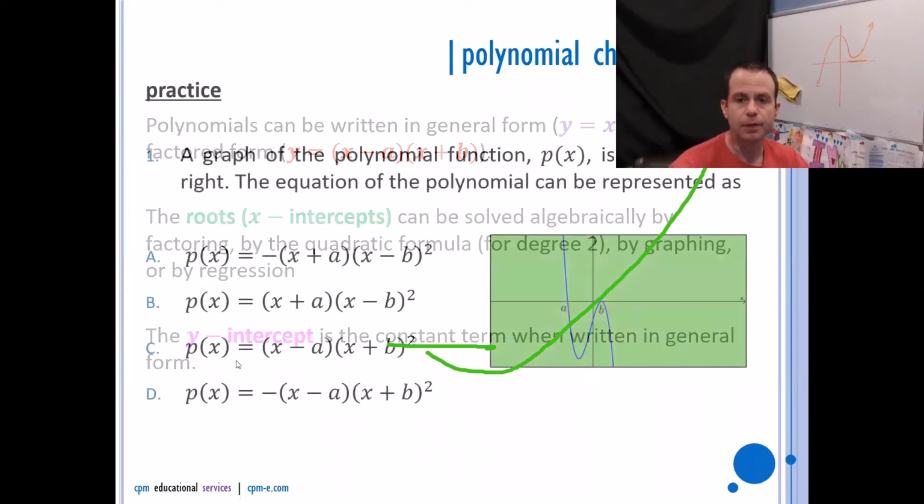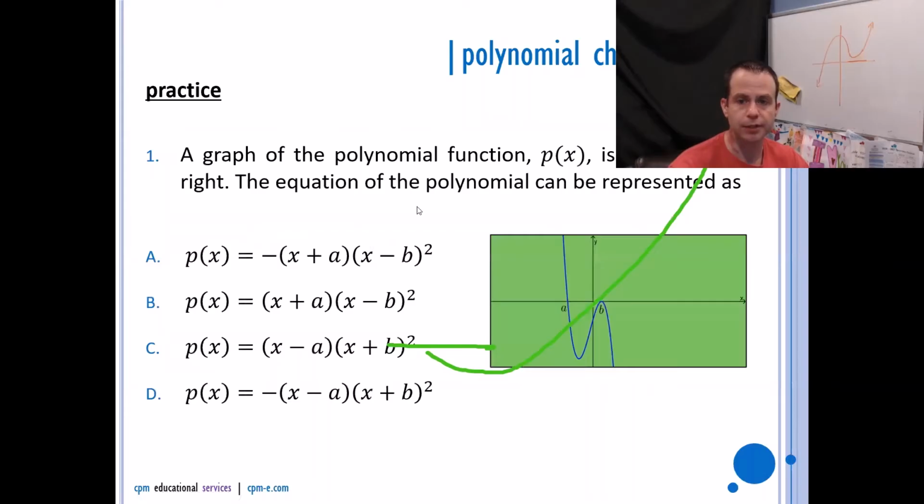So let's take a look at a few questions together. A graph of the polynomial function p of x is shown to the right. The equation of the polynomial can be represented as. I have two x-intercepts, one at A and one at B. I know that the one at B has to have a square on it.